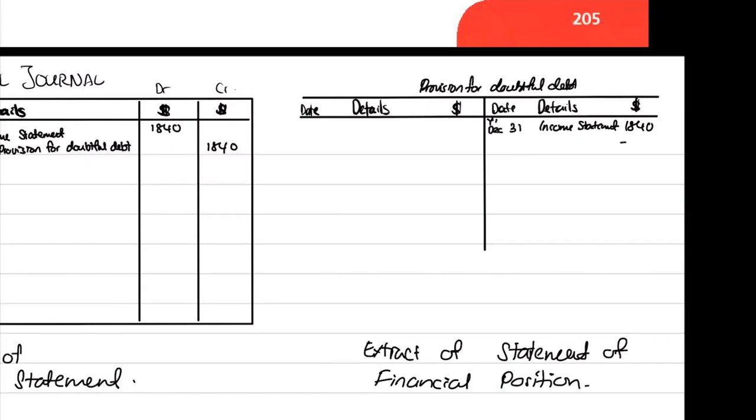Then we'll just close it. Balance brought down. Year 2, January 1st. Yeah, sorry, it's not sequential, but yeah. Balance carried down first, actually. Okay, done for year 1.